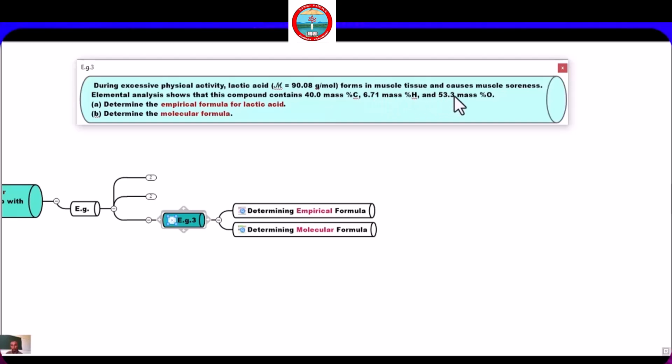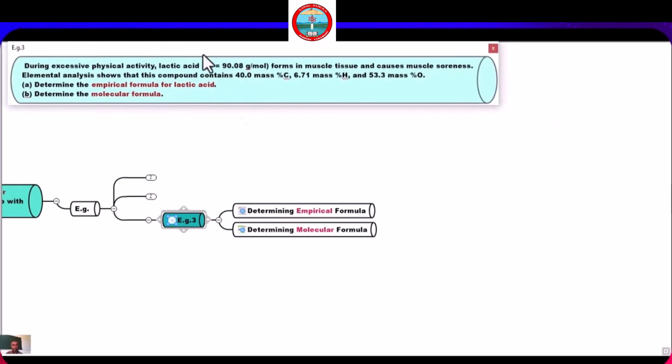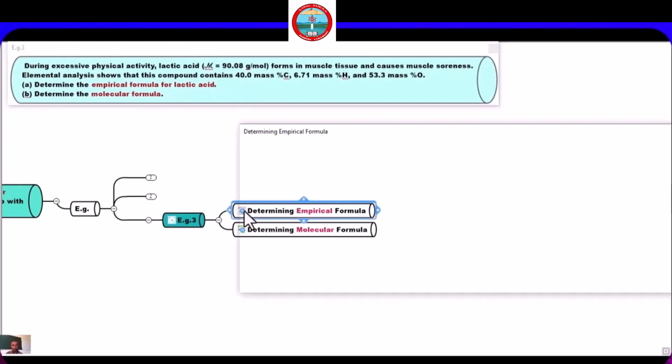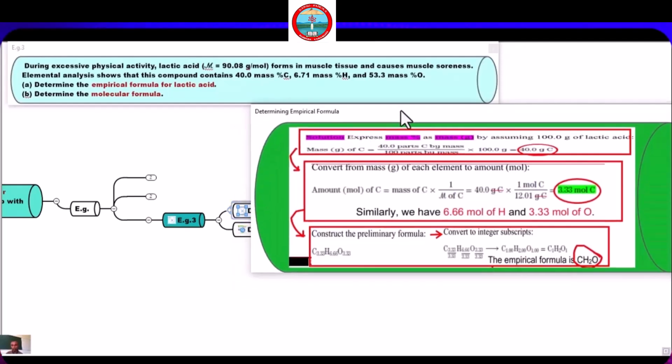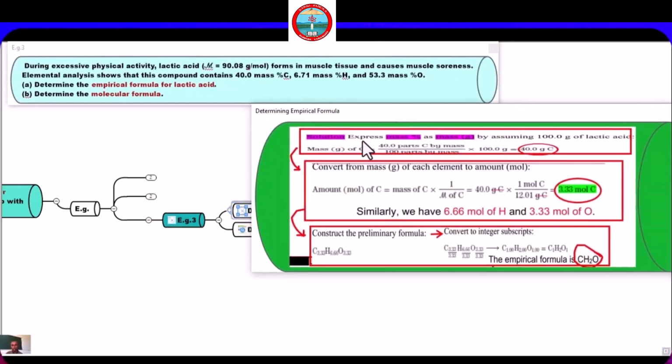And you are asked to determine the empirical formula and the molecular formula. Then the answer for A is this one, determining the empirical formula. Then change the given mass percentage into given mass.